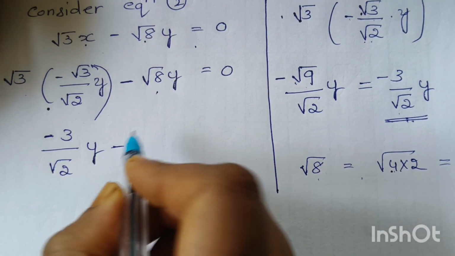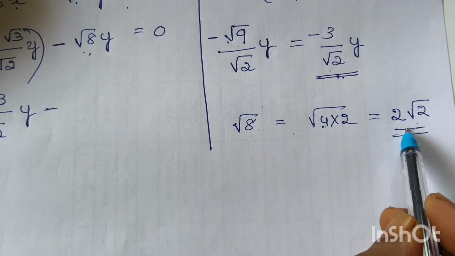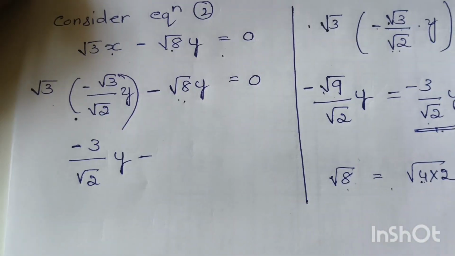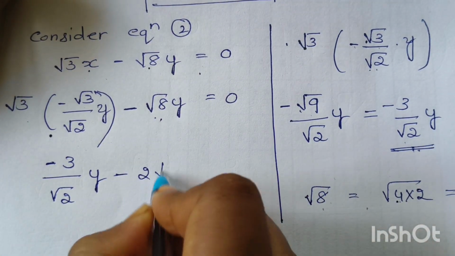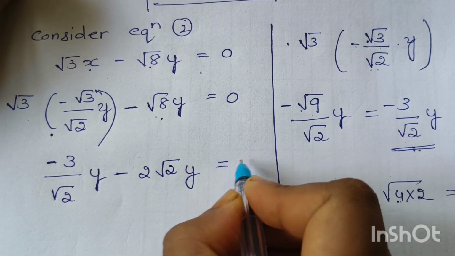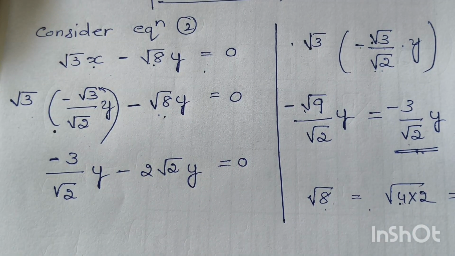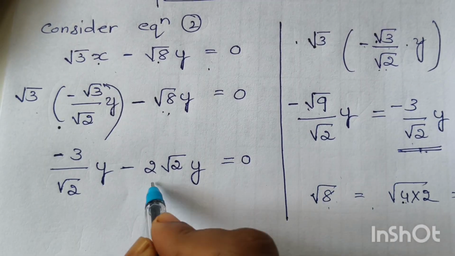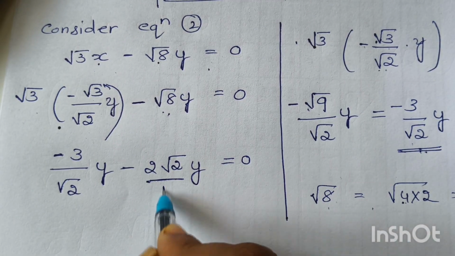Therefore, for this √8, I can write 2√2, and y is equal to 0. Nothing is in the denominator, so I can take 1.